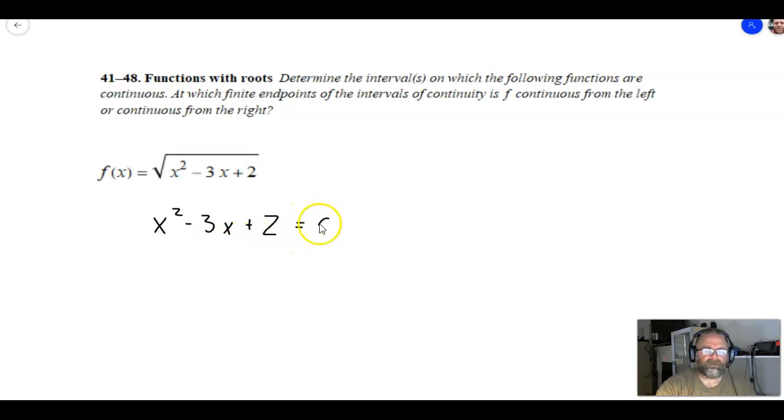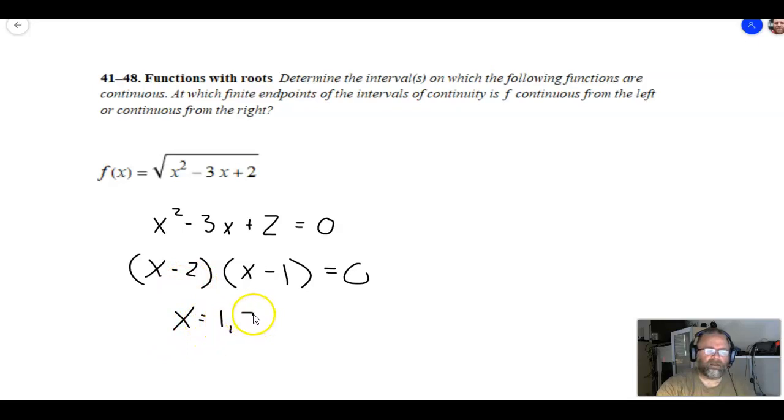So let that equal 0, and then we could factor this into x minus 2 and x minus 1 is equal to 0. Therefore, we have zeros at x is equal to 1 and x is equal to 2.